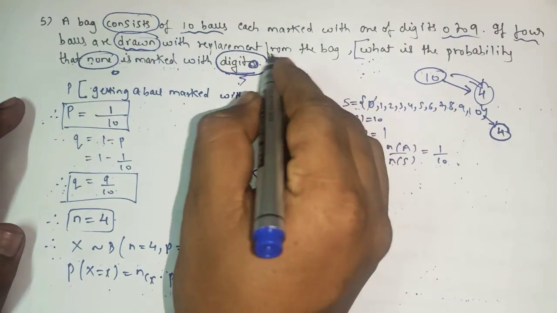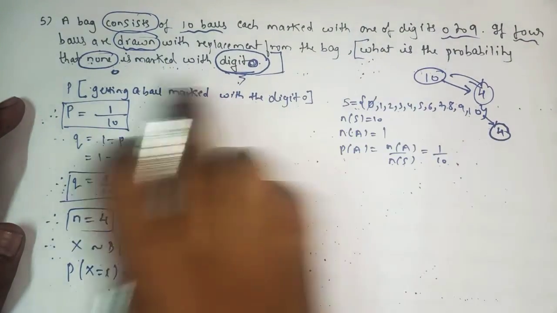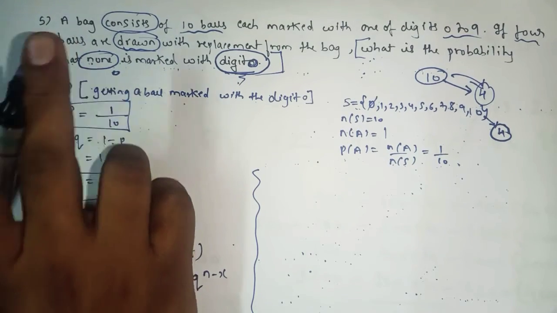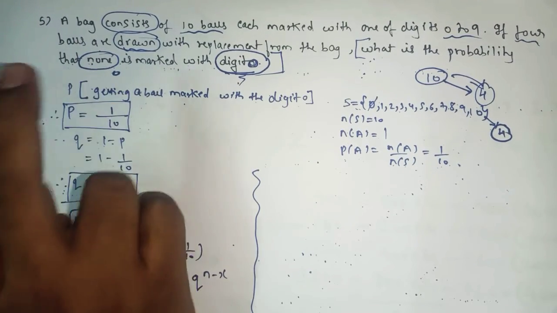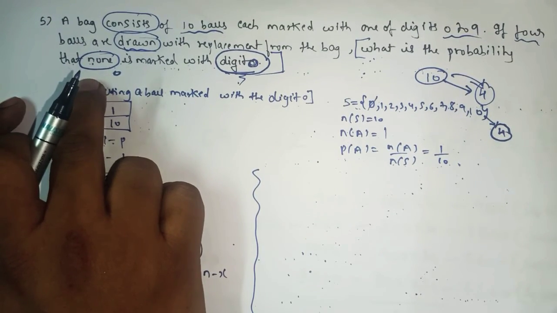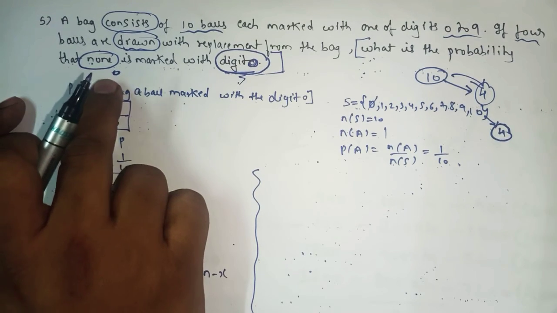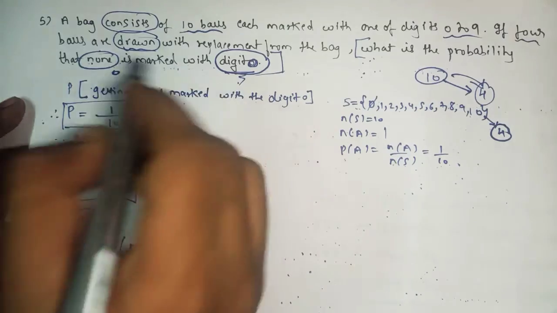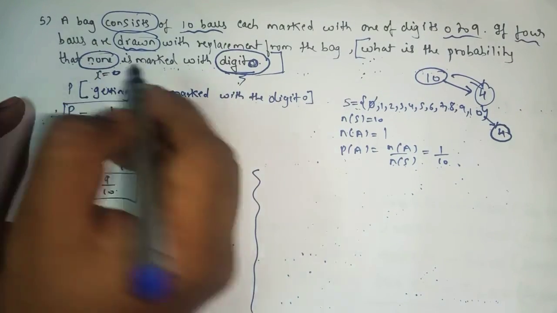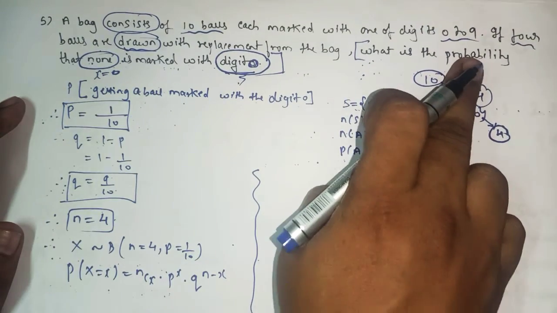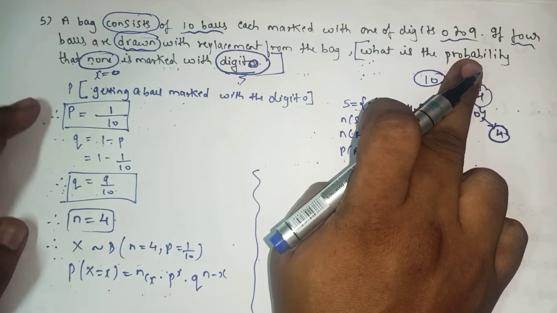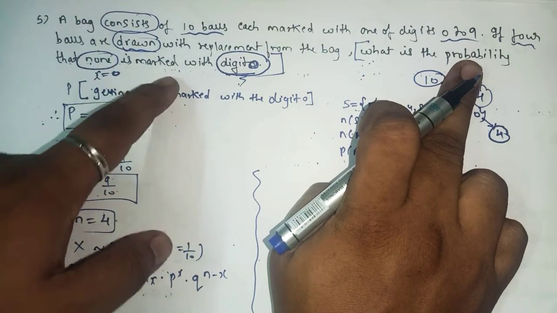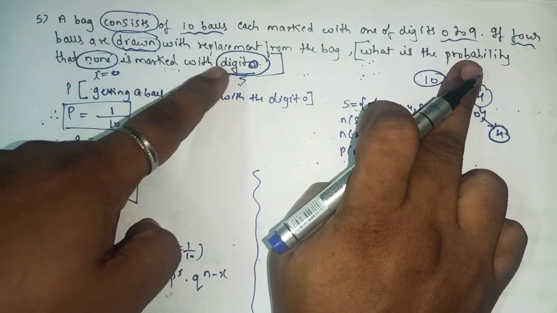And here clearly we can see that none is without the words at least and at most. That means none means 0. It says that exactly for 0 we have to find the probability that none is marked with digit 0.